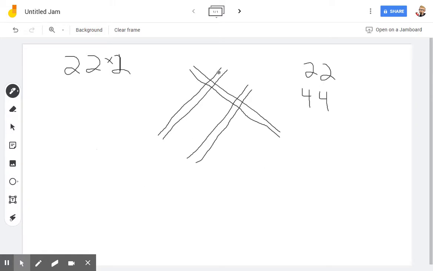But this is two tens and this is two ones. And we are just counting the number of times that it crosses the two. So 4 tens and 4 ones is 44. Previously, it was 2 tens and 2 ones. So the place value system is preserved in here just by the position of where the groups cross.